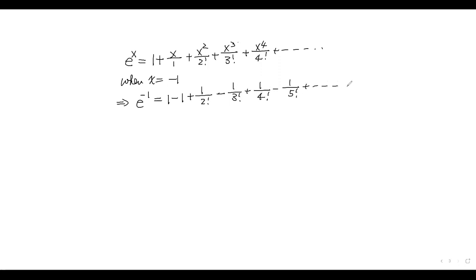And in here, the 1 and the 1 cancel. So you will have 1 over 2 factorial minus 1 over 3 factorial plus 1 over 4 factorial minus 1 over 5 factorial.